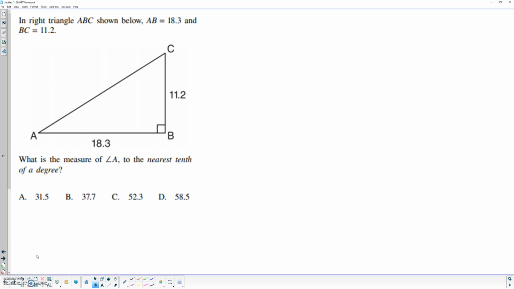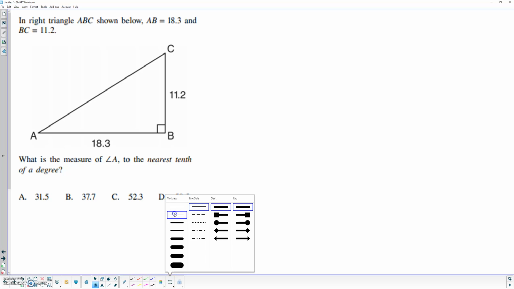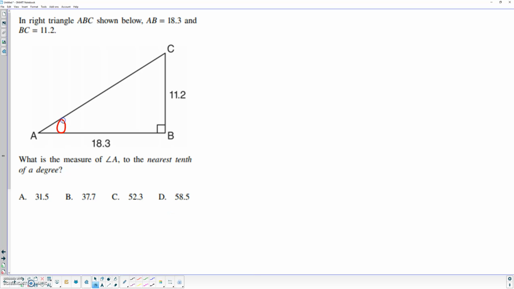All right, second example. So they give us the two sides and they want us to find the measure of angle A. So we'll call that theta. So 11.2 is opposite that angle. 18.3 is adjacent to that angle.